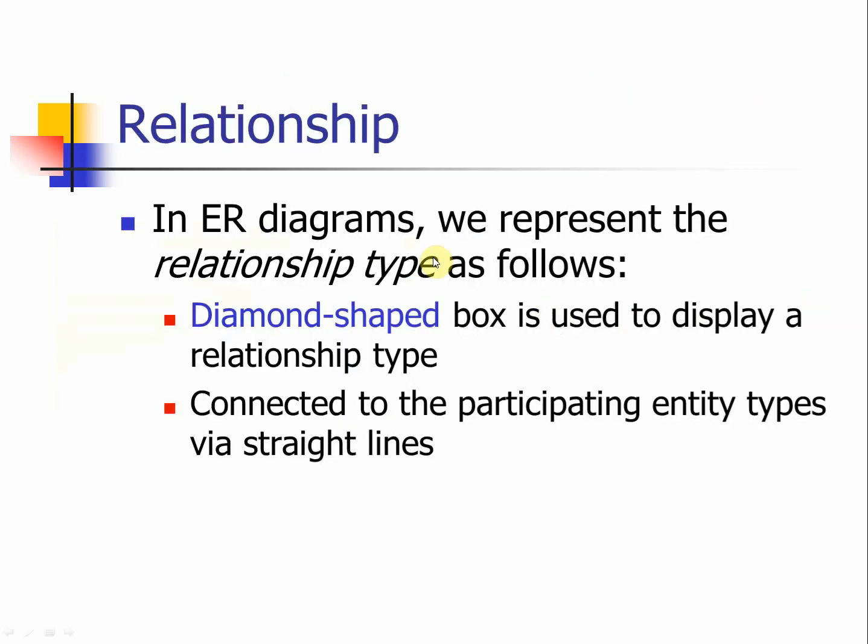In ER diagram, we represent the relationship as follows. To describe a relationship in ER diagram, we draw a diamond shaped box that connects the participating entities. Therefore, when we use a diamond shape to connect two entities, that indicates the two things have a relationship.